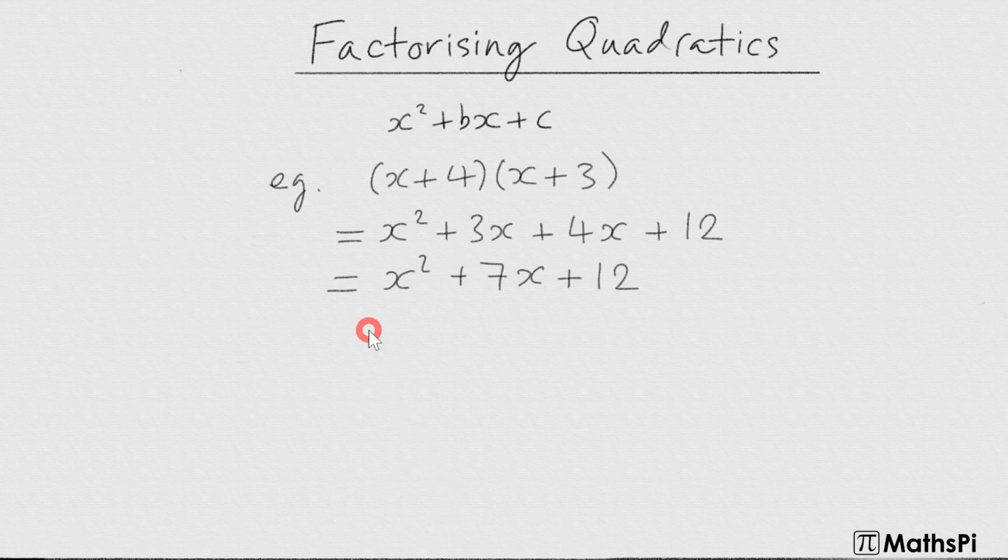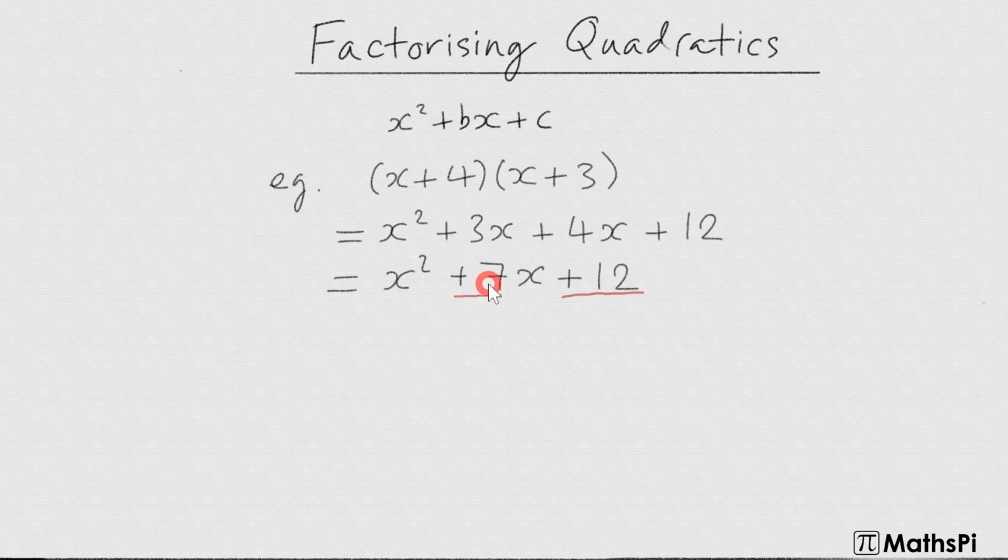So when you're factorising, you'll be starting with an expanded quadratic such as this, and what you're looking for here is the relationship between the numbers that you have available. So first of all, here you have the positive 7 and also the positive 12, the constant term. Because we know the factorized form, we can actually see what the relationship is.